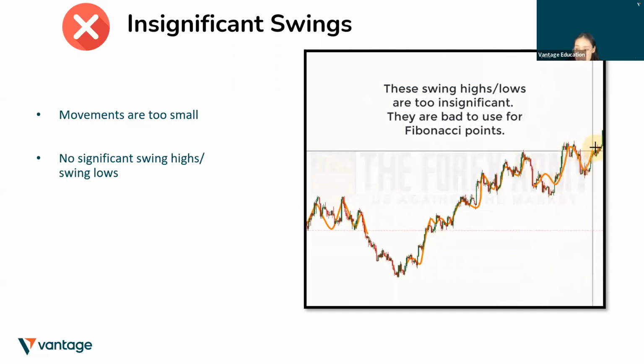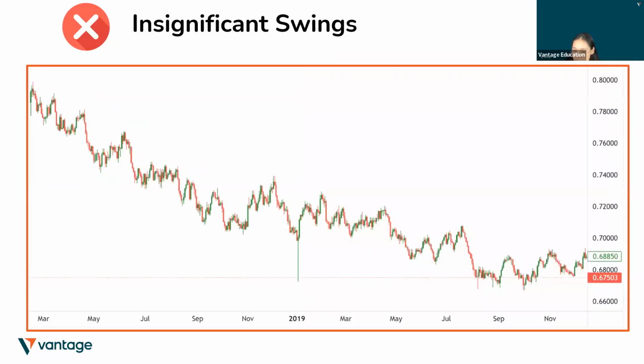Because the price movements here are too small and there are no significant swing highs or lows. So here's another example of an insignificant swing. There aren't really any clear swing highs or lows and price movement is very minimal.